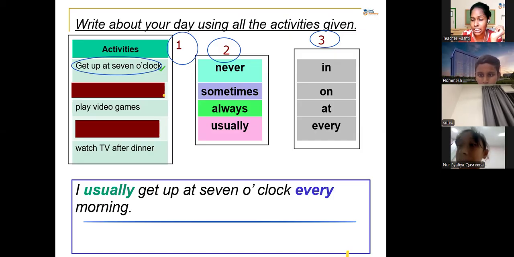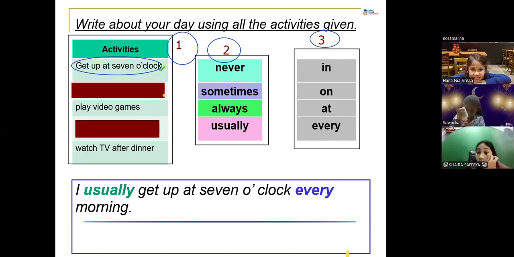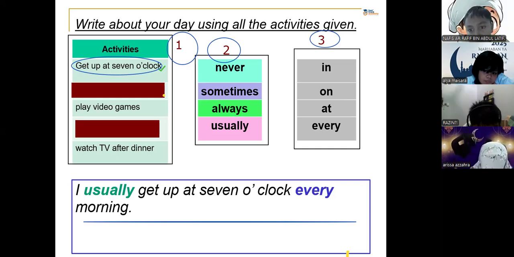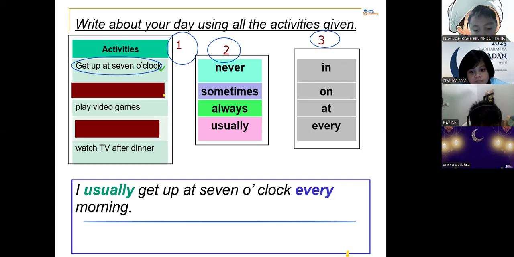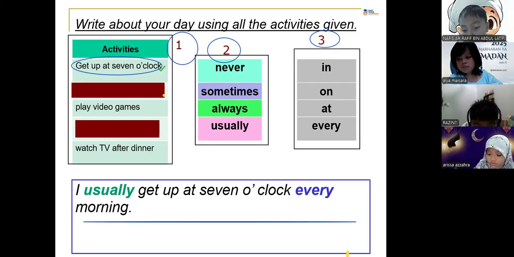Alia Maisara, turn on your mic. I never. Kenapa? Why you delete? Janganlah delete. I'm correcting. Write again, Alia Maisara.